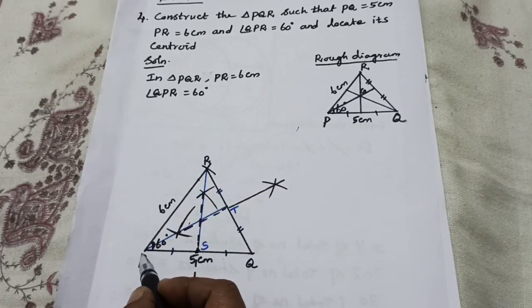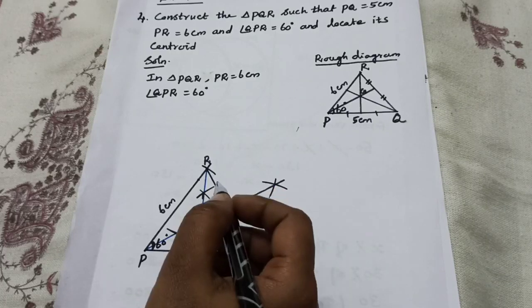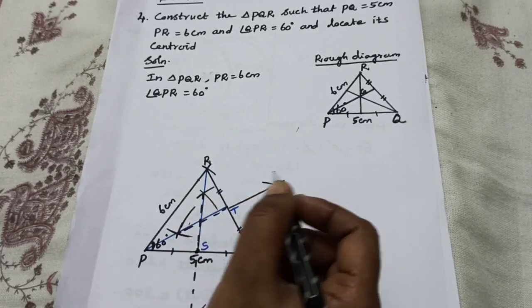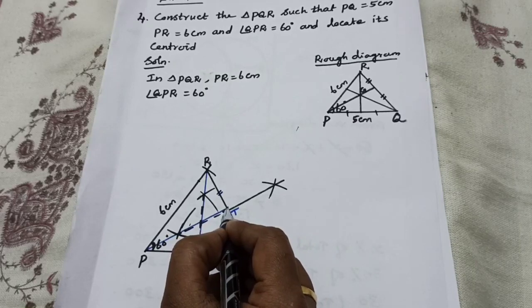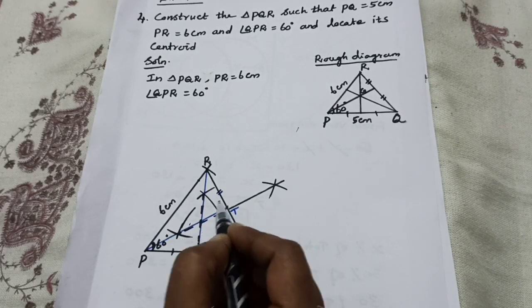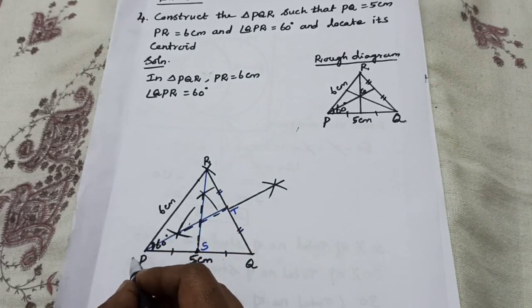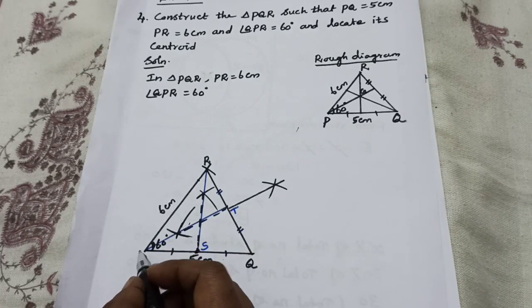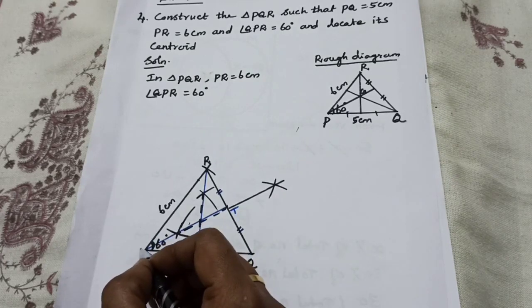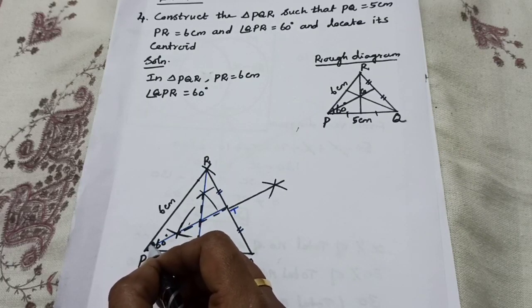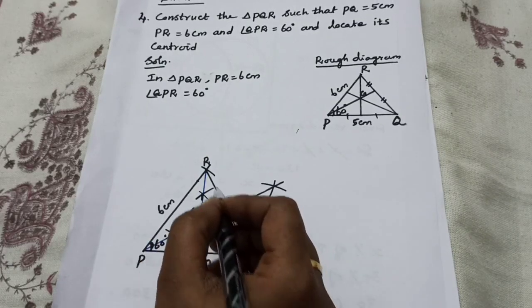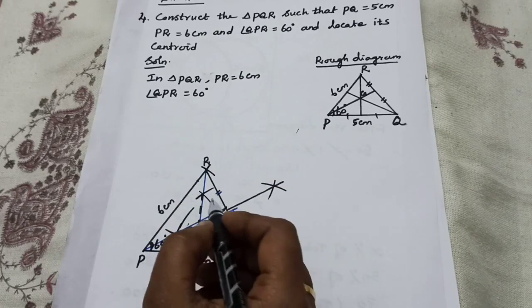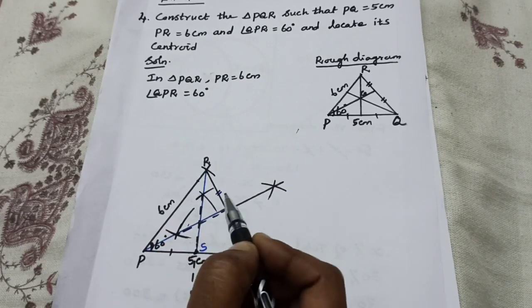Like that, on another side also we have to draw the perpendicular bisector and find the midpoint. Then the opposite vertex is P, so from this vertex to this midpoint is another median.